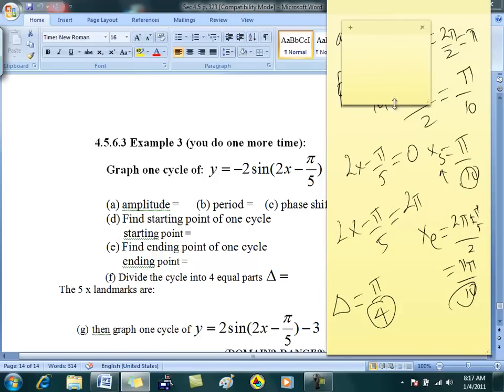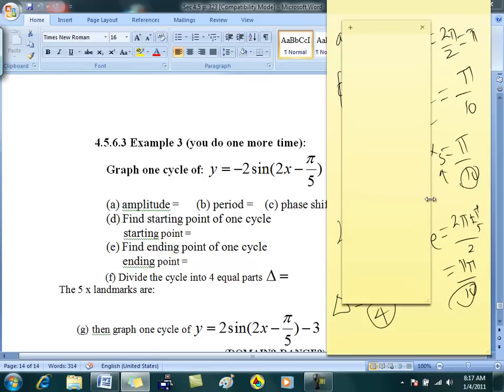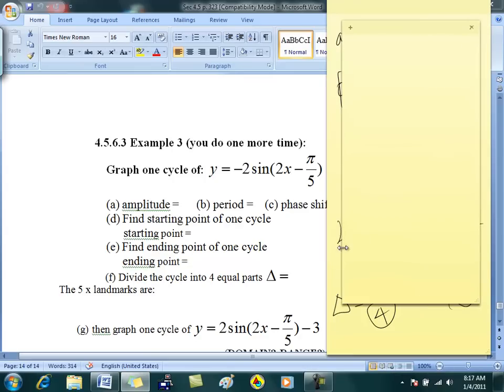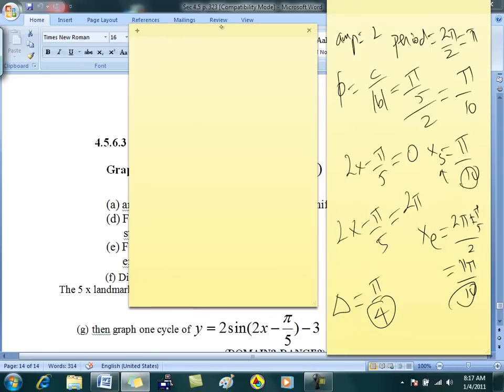So let's do that right now. x start is going to be equal to 2 pi over 20. Everybody with me on that? x end is equal to 22 pi over 20. Okay, and delta, or the increment, is 5 pi over 20.